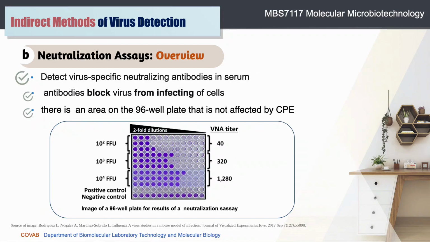So just briefly, this method, which we are going to see later, would mean that when we have this 96 well plate with a monocell culture growing, and then we put on our serum that contains neutralizing antibodies towards this virus, when we eventually inoculate virus on this 96 well plate, we're going to get this picture.